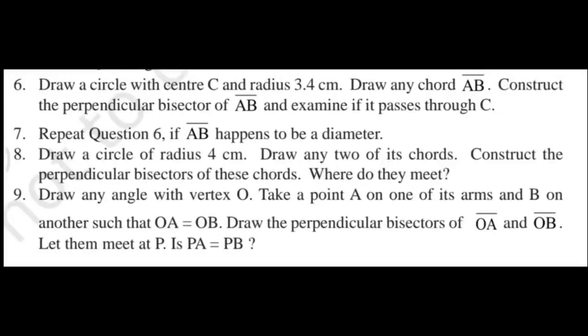And it is written repeat question 6, means first of all in question number 7 we will repeat the figure as we have drawn in question number 6, and we have to tell if AB happens to be a diameter. So there you can see in question number 6 AB is a chord, but here we are going to take AB as a diameter, and we will examine the same process as in question number 6.